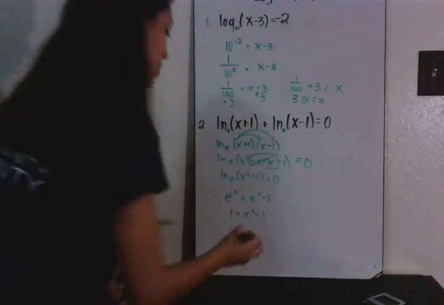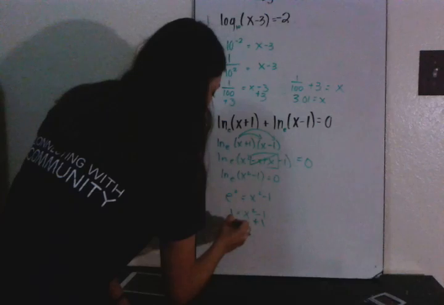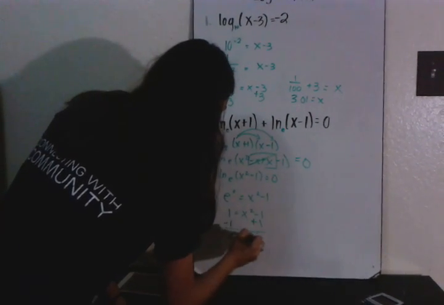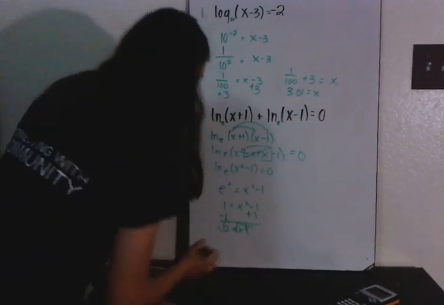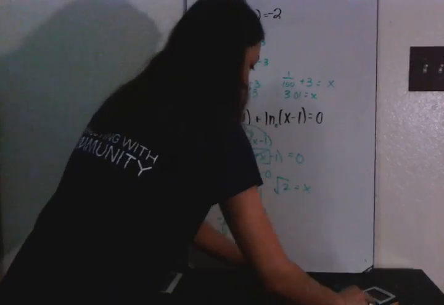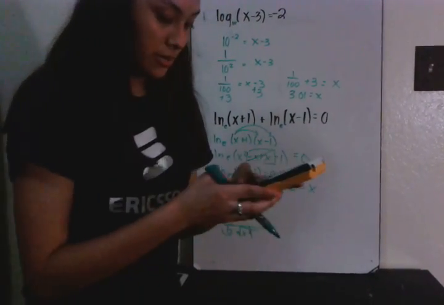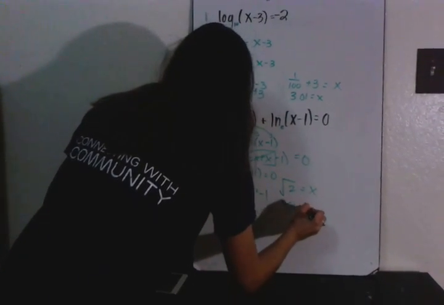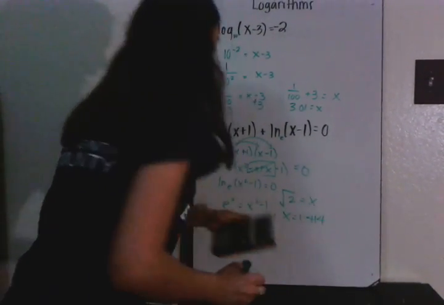You want to solve for x, so you're going to add 1 on both sides, and you have 2 is equal to x squared. Take the square root of both sides to get rid of that square, and you have the square root of 2 is equal to x. If you want, you can use the calculator, and you get x is equal to 1.414. And those two are your answers.